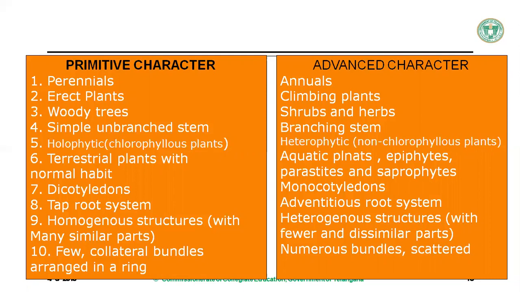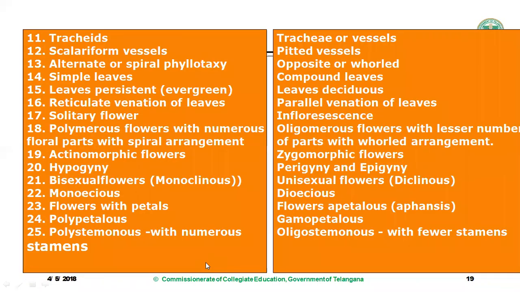In this way, you list out the characters. For example, dicotyledons are primitive compared to monocotyledons. Taproot system is a primitive character compared to adventitious root system. These are different internal as well as morphological characters.